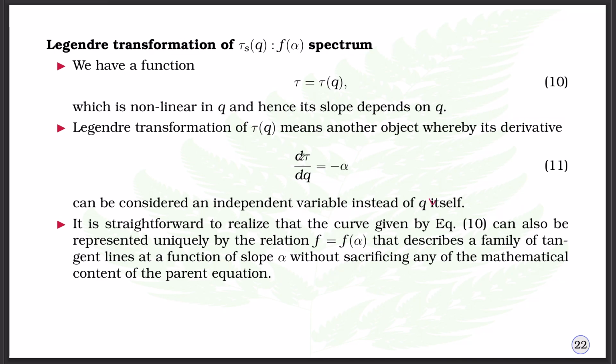It is straightforward to realize that the curve given in equation 10 can also be represented uniquely by the relation f equal to f of alpha that describes the family of tangent lines of slope alpha without sacrificing any of the mathematical content of the parent equation.